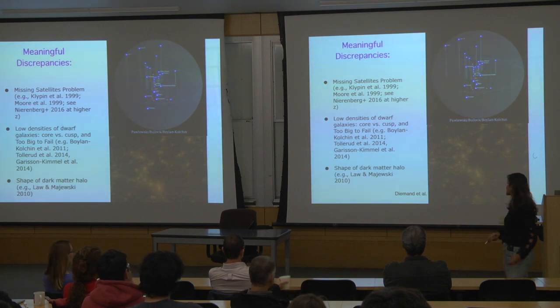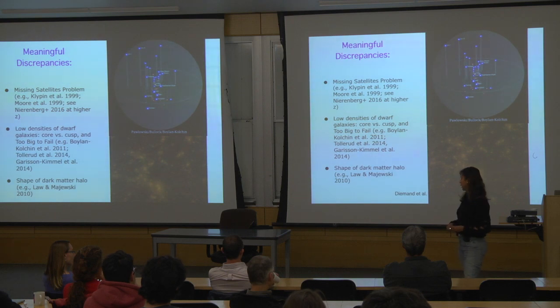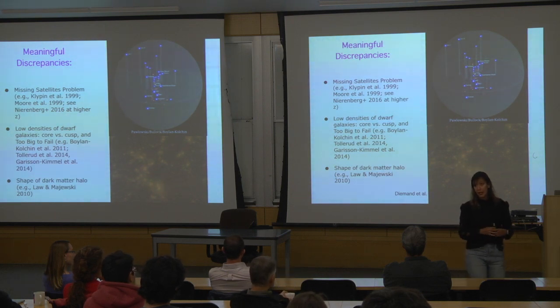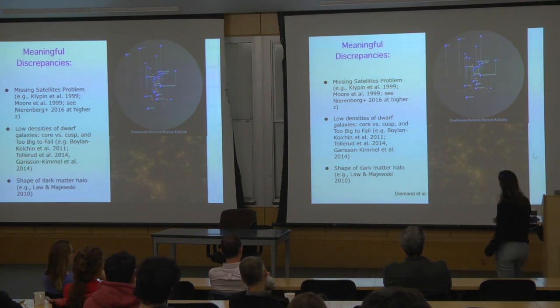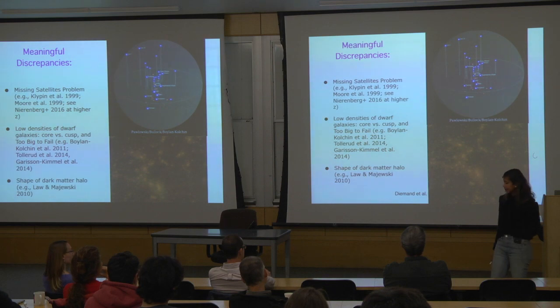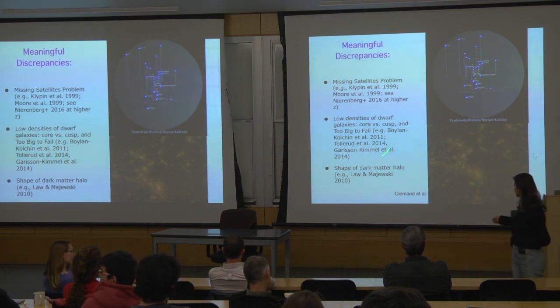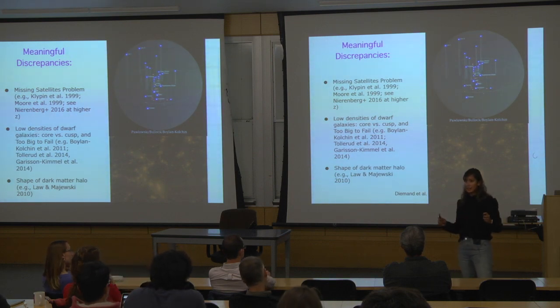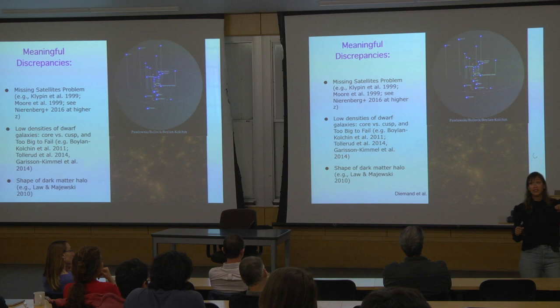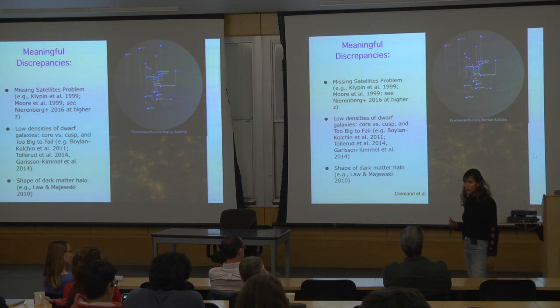This is perhaps related to something that's also come up recently that's known as the too big to fail problem. I think these two problems are possibly related, but the too big to fail problem can be put in a few ways. But basically what it's telling you is that the densities of dwarf galaxies are a lot higher in simulations versus in observations.